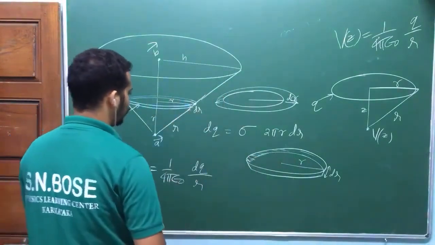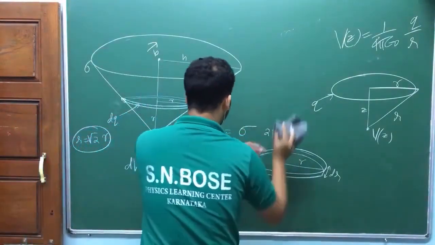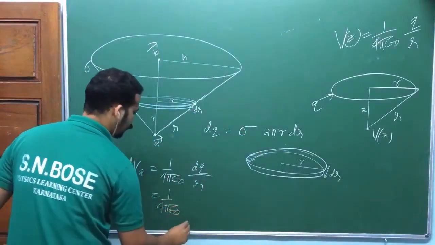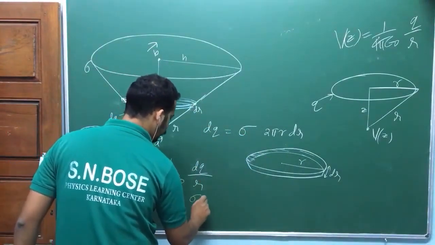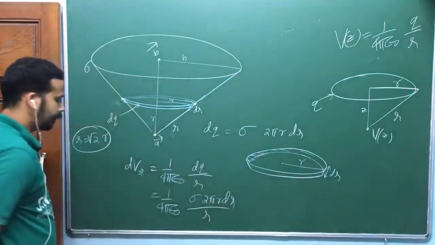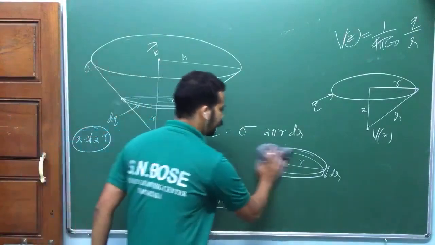So if you substitute, that is equal to 1 by 4 pi epsilon naught, sigma into 2 pi r dr divided by italic R. Now you can just integrate that, am I right?